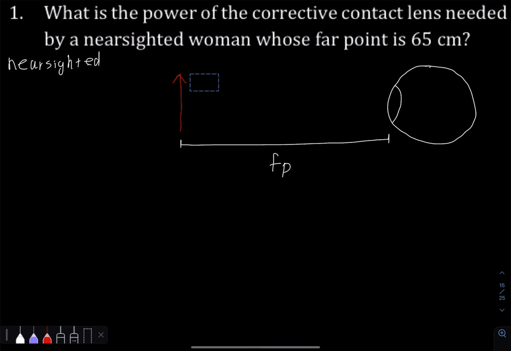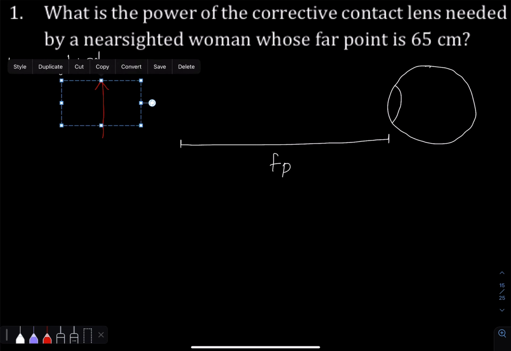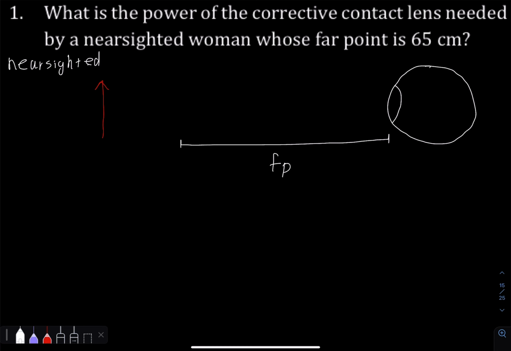And so usually the problem with nearsightedness is the object is too far away, it's further away than their far point. So what we need to do is bring the image of the object to the far point, and we need to do that as an upright image.